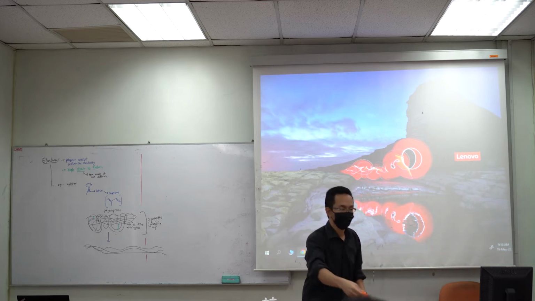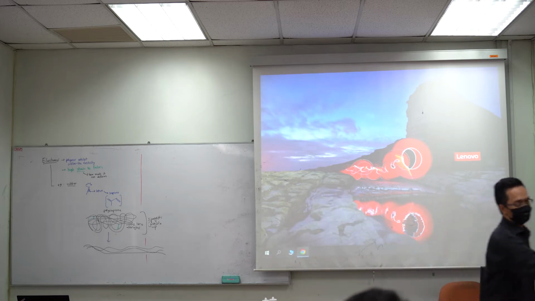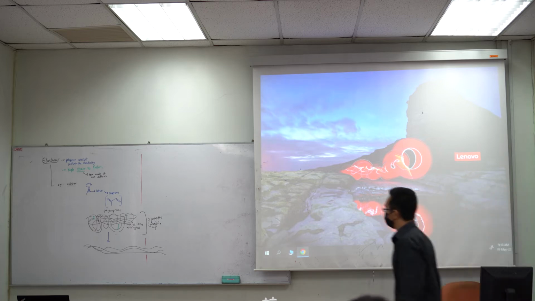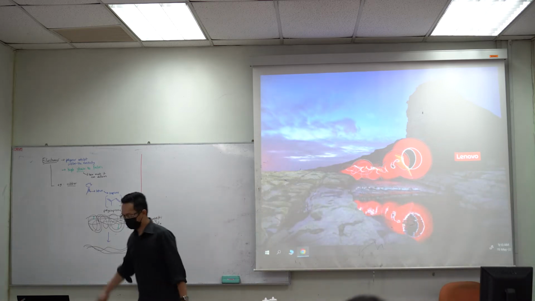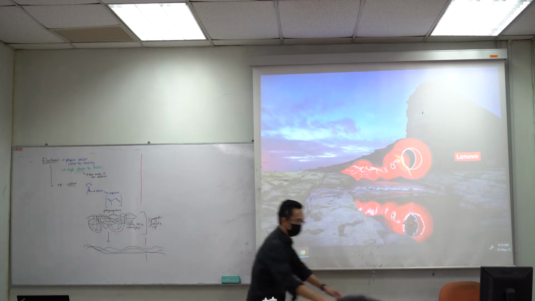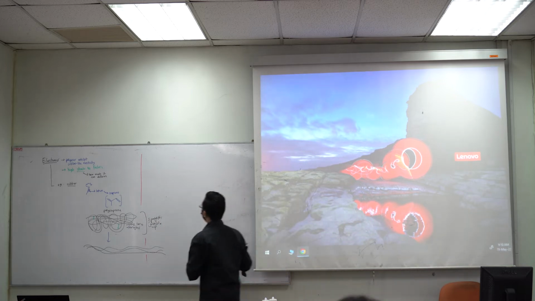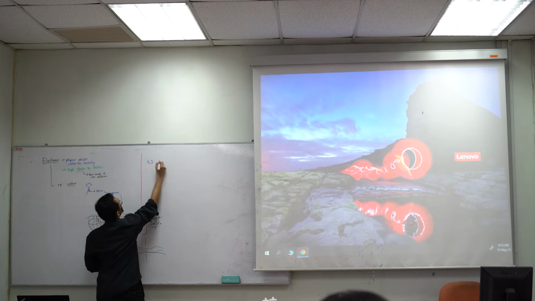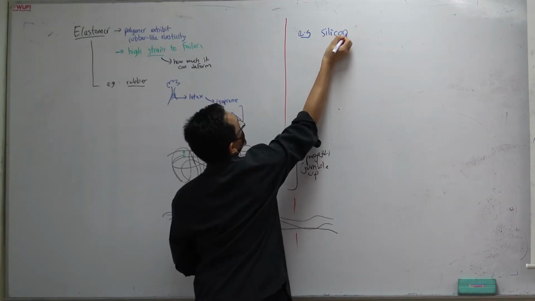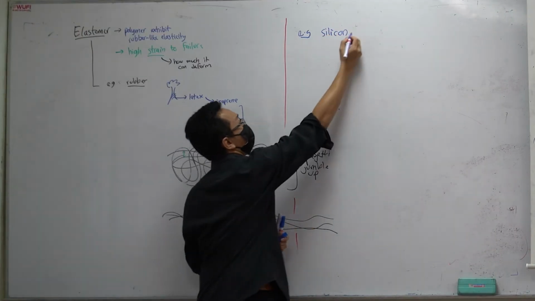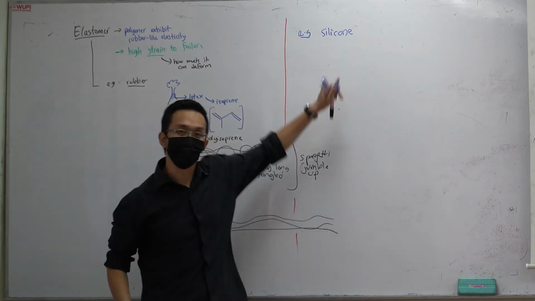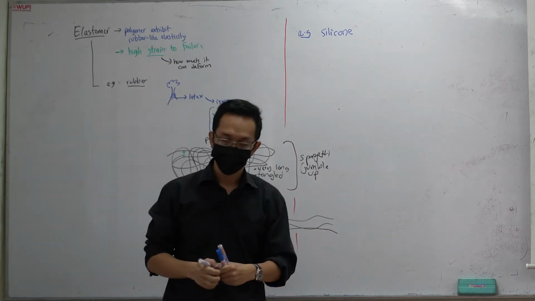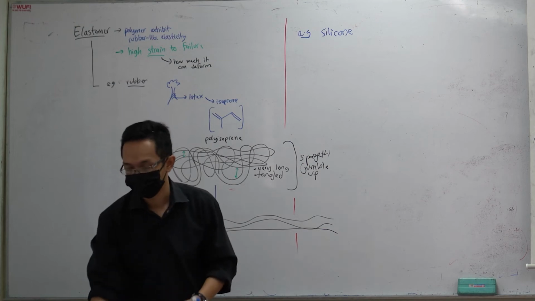The second example of elastomer is silicone, and you need to put the E there: silicone, with an E, because silicon without the E is the element itself.